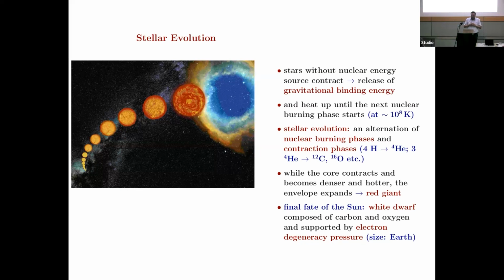Now, the sun specifically, we estimate, will reach a radius about 200 times its present radius, which is basically the orbit of the Earth. So the sun will at some point fill all of the sky, and it's a close call whether the Earth will actually be swallowed up or not. Now, the sun then loses its envelope and, as I said, leaves a white dwarf.